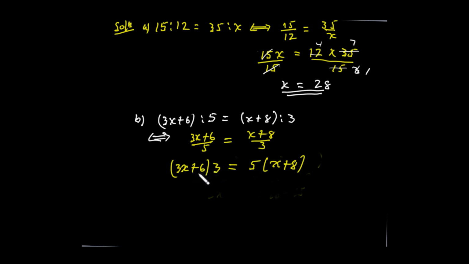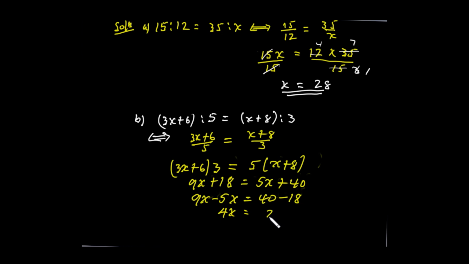This is 9x plus 18 is equal to 5x plus 40. Moving the x terms to the left hand side of the equation: 9x minus 5x is equal to 40 minus 18. 5x is already cancelled by 5x. So 4x is equal to 22.